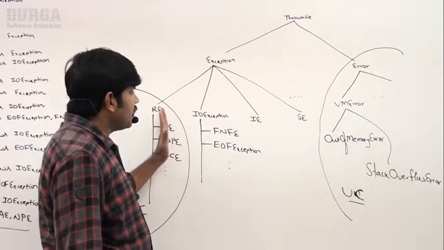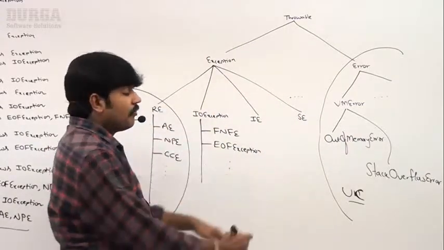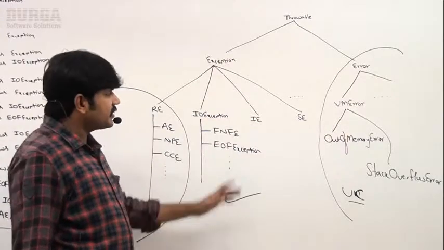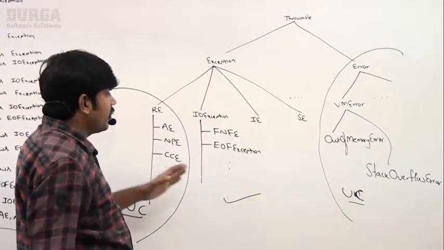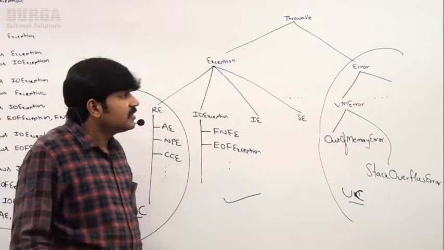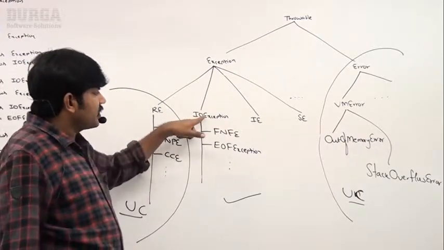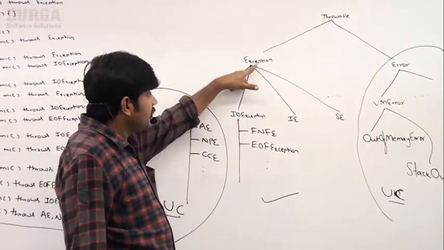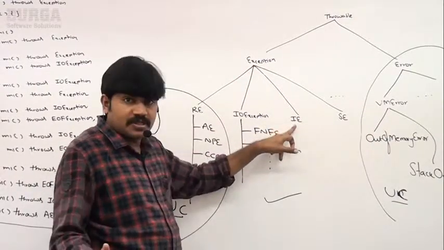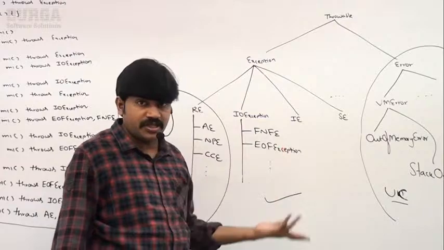Except these, all the remaining things are by default considered checked exceptions, right? Sir, IO exception, checked exception. File not found exception, checked. Interrupted exception, checked exception. Servlet exception, checked exception, right?